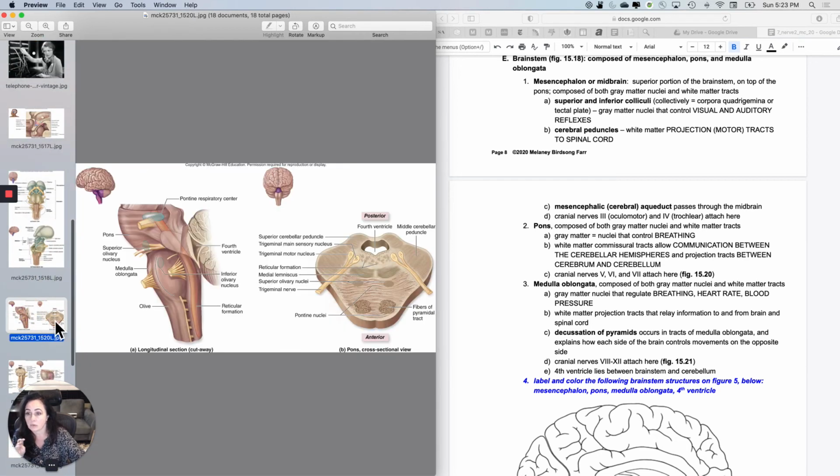Okay, and so if you look at the pons, just look at the striping. You can probably tell that it's got some tracts going left to right. Those would be commissural tracts. It's got some other tracts going top to bottom, so those would be projection tracts. And then it has gray matter in it, and that's what these are trying to represent. You don't have to label those, don't worry. But it kind of tells you what the pons is doing, because you've got a respiratory center.